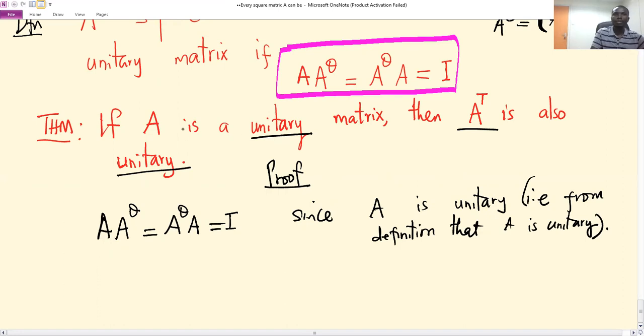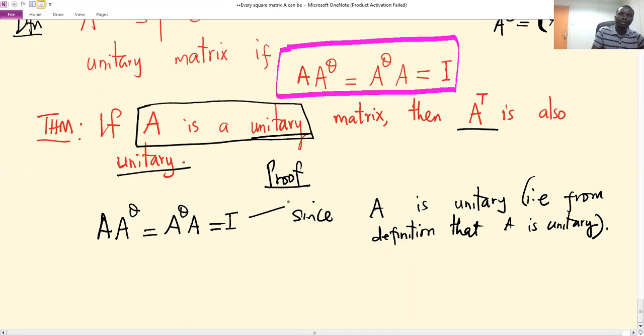That's what we have, because the theorem already assures that the matrix A is unitary. So A times A theta is the same as A theta times A, the same as I.